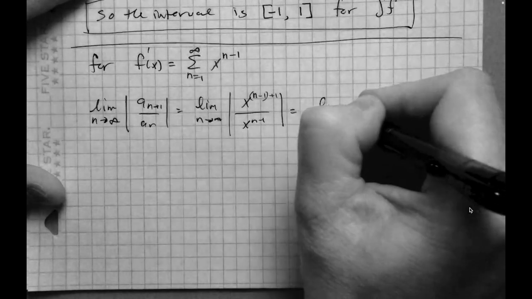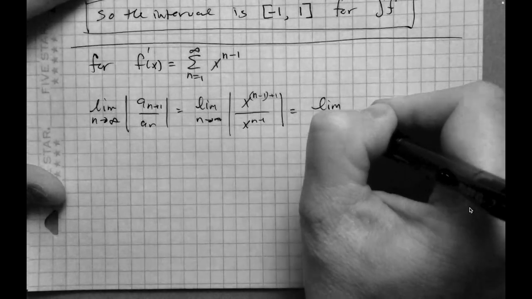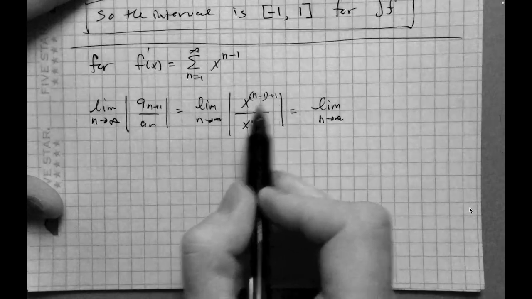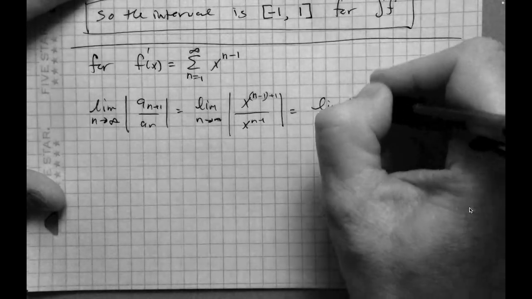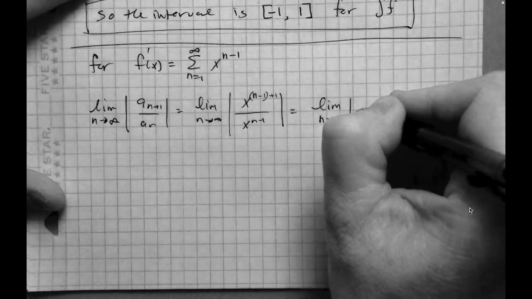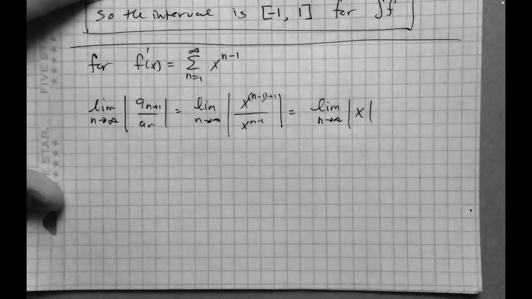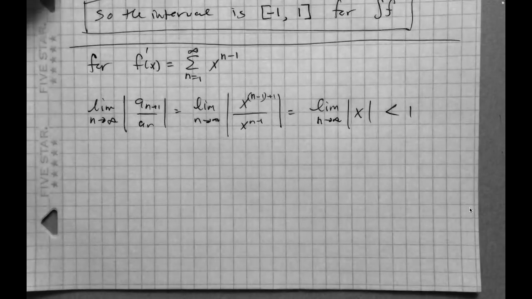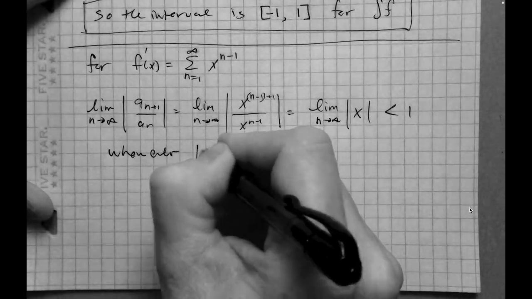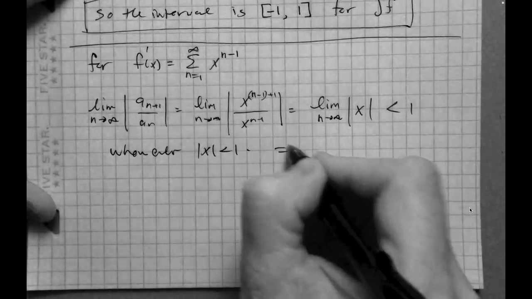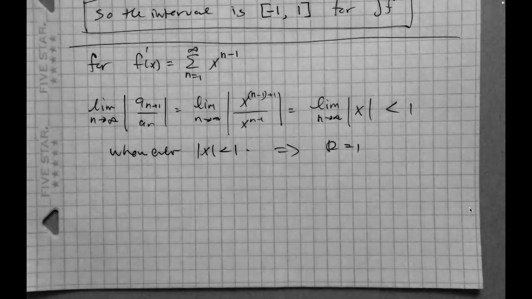We just get the limit as n goes to infinity of n over n minus 1, and so you get the absolute value of x, right? And this is less than 1 whenever the absolute value of x is less than 1, right? So confirming that r is equal to 1. We kind of knew this from the previous theorem, but it's nice to just confirm it.